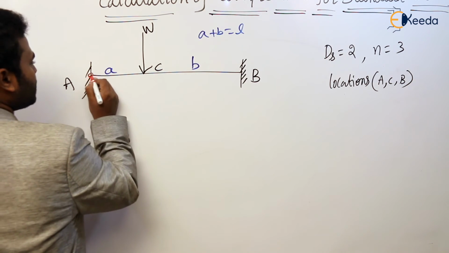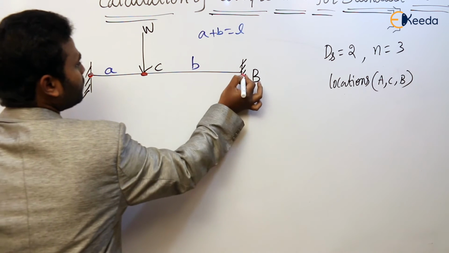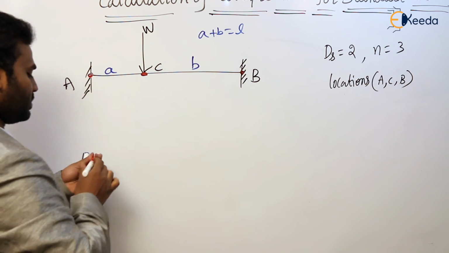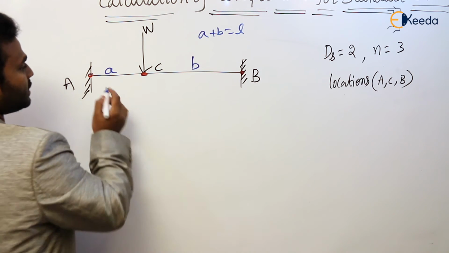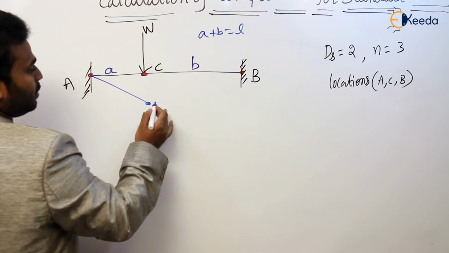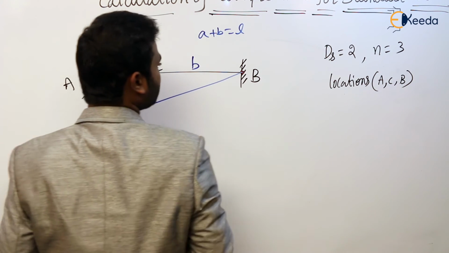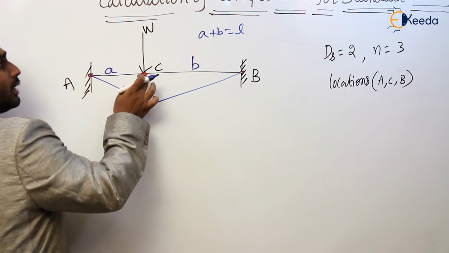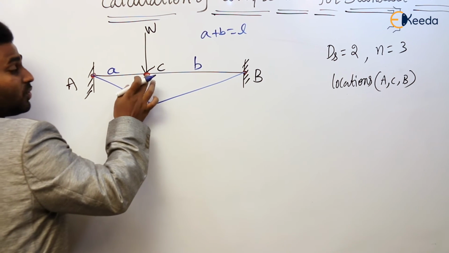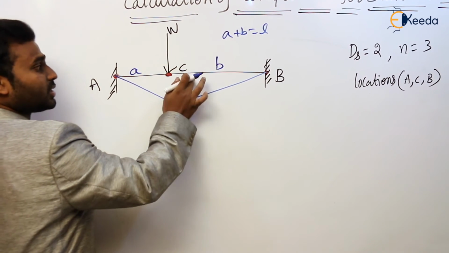Now, after locating the plastic hinges, it will form a mechanism. So how does the beam deflect in the mechanism? This is how. And here one of the plastic hinges is not at the center, so it is not symmetric.